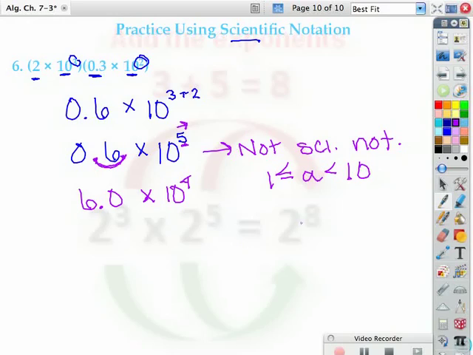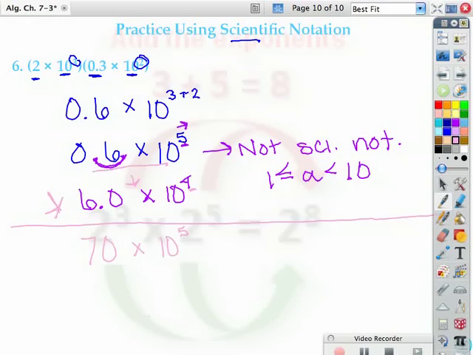Just as a quick example, because I noticed that in both of the scientific notation problems I did, when we switched from this version to this one, we changed this to go down by 1. So I would like to say, just as a reference point, if after you multiplied, you got 70 times 10 to the fifth.